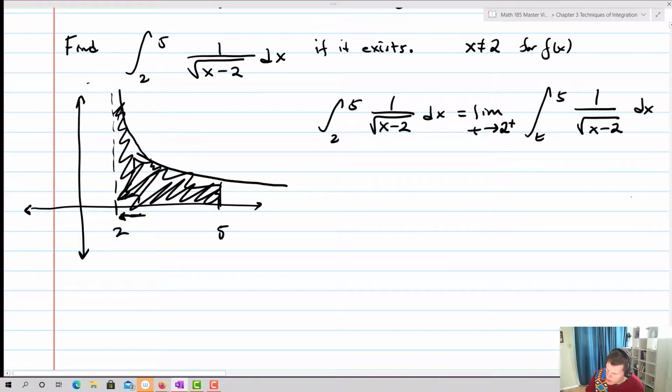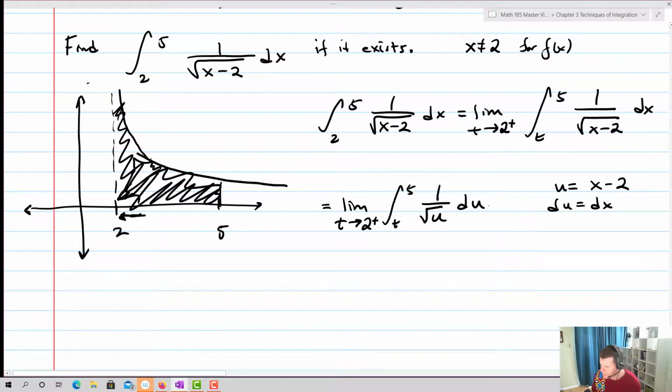Now we'll use a u substitution to find this integral. So u is going to equal x minus 2, du will then equal dx. And so this is going to equal the limit as t approaches 2 from the positive side of the integral from t to 5 of 1 over the square root of u du.